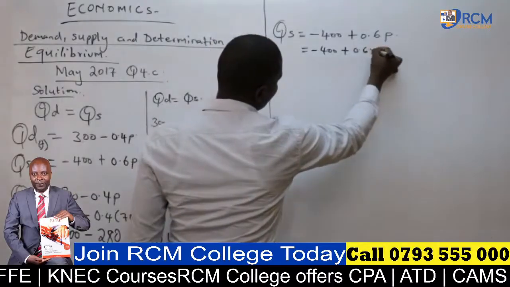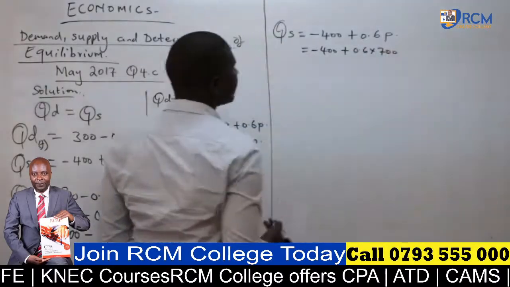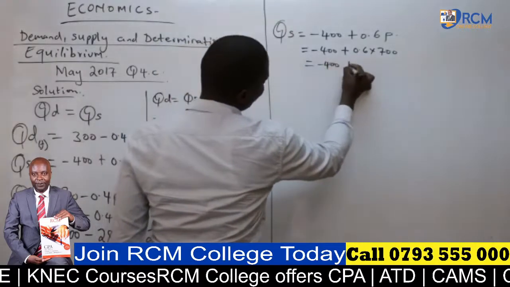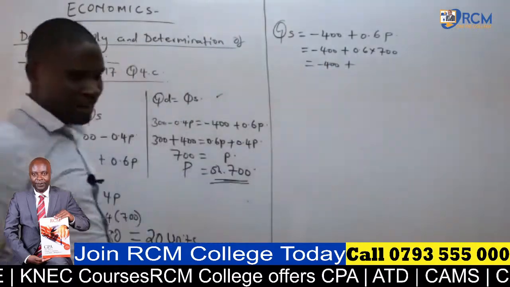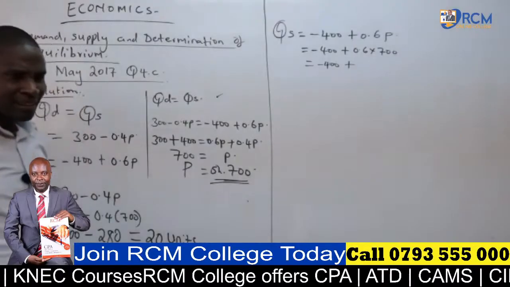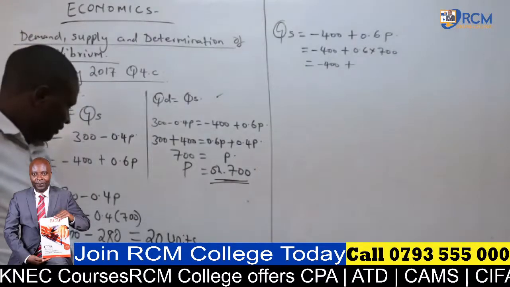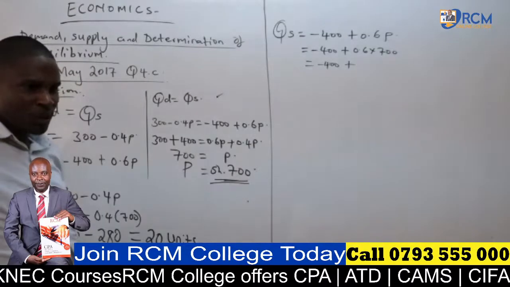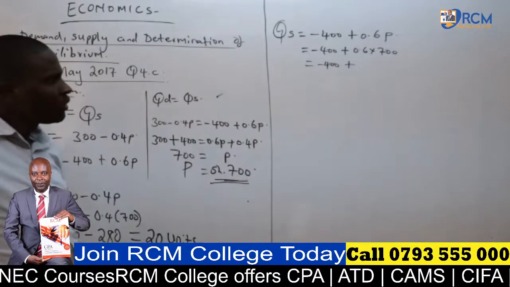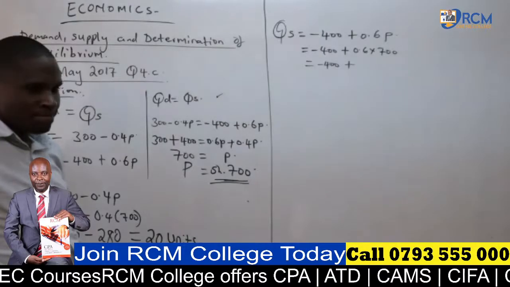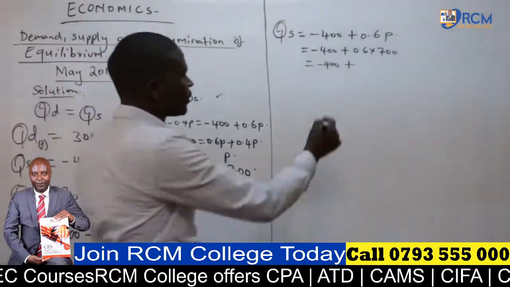The value of P is 700. Now, can you tell me minus 400 plus 0.6 times 700? How much is that? Will it really give me what I want? 0.6 times 700, what are you getting? 420.